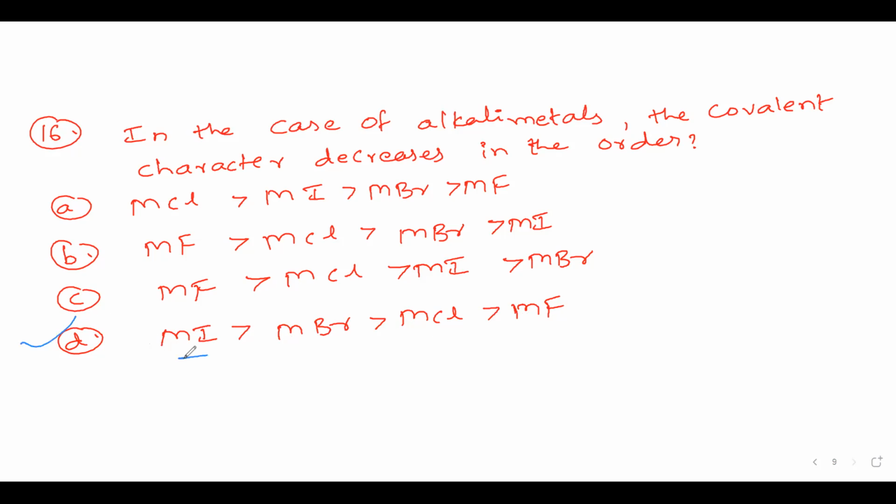Similarly for lithium, any metal. So where M is equal to any alkali metal, the answer is fourth option, that is metallic iodide is more covalent than metallic bromide, more covalent than metallic chloride, more covalent than metallic fluoride, and so on. Next question.